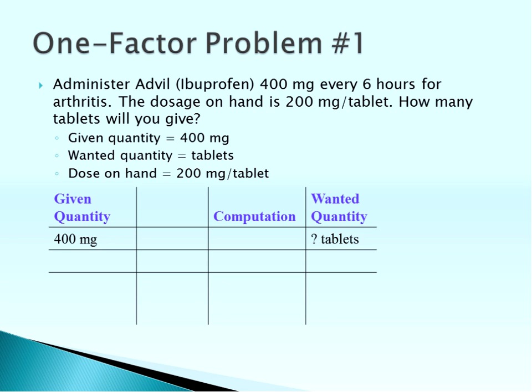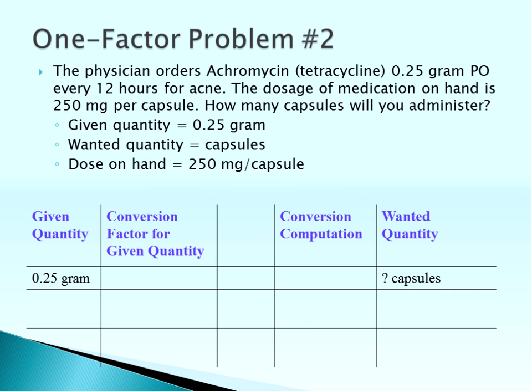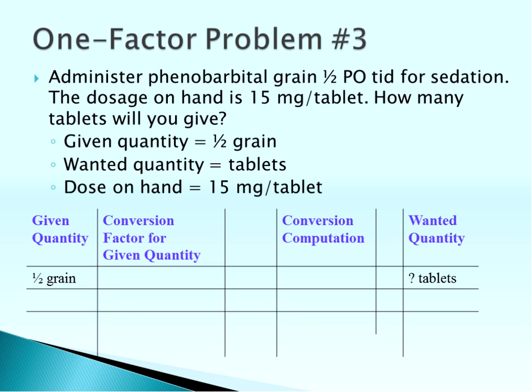Otherwise, just write right inside their diagram exactly what they need, because that 6 hours will throw them. We're just looking for 1 dose here that they're going to need, and that's how it looks when it is set up. And this is another one-factor problem. That's how it looks when it's set up.